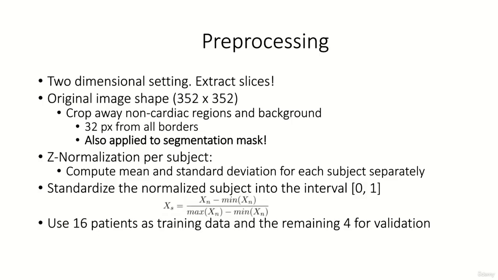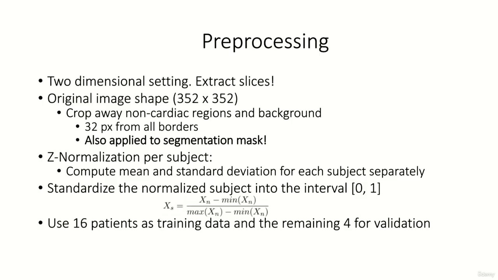Therefore, let's work in a two-dimensional setting by extracting the single slices. Our original image shape is 252 squared. However, as we are only interested in the cardiac regions, we could crop away some non-cardiac regions and the background by removing the first 32 rows or columns from all borders. Please note that you also have to crop the segmentation mask.